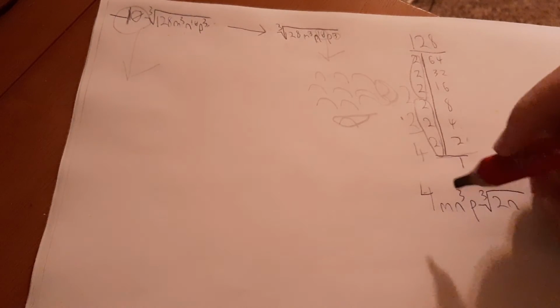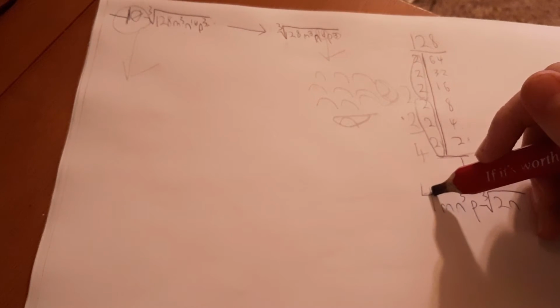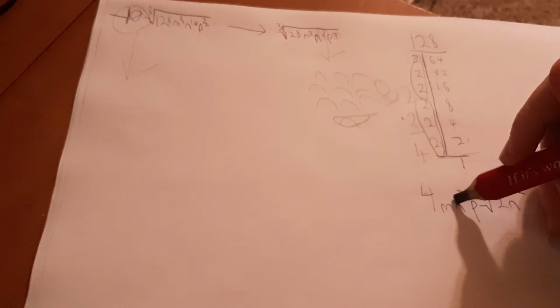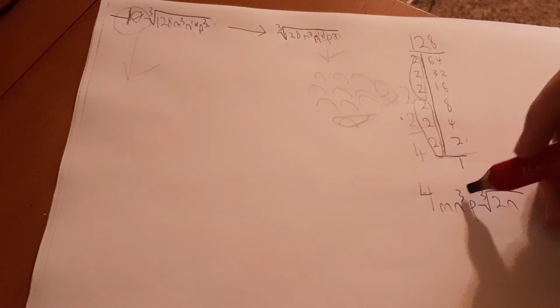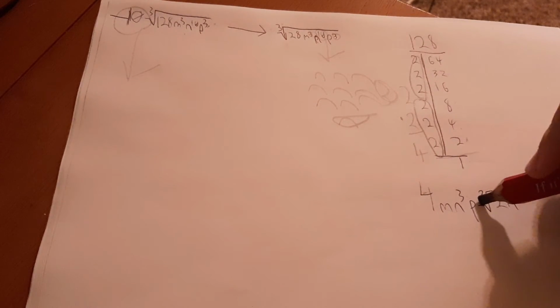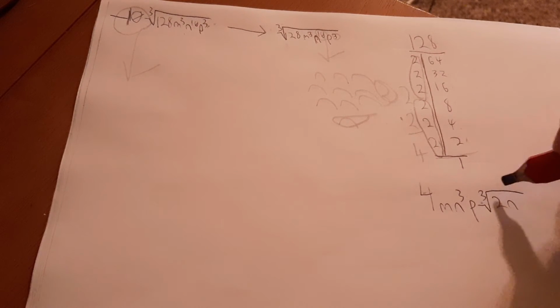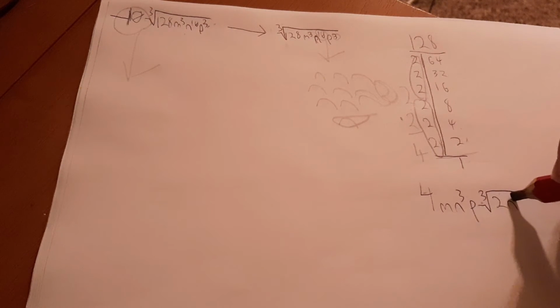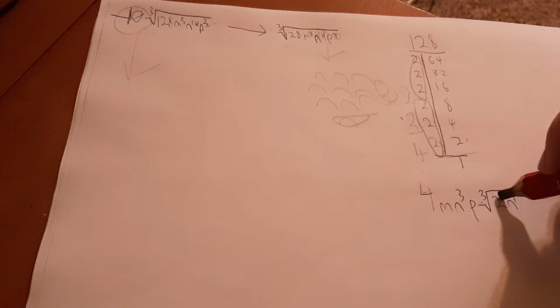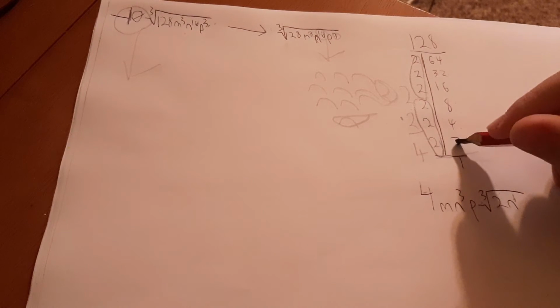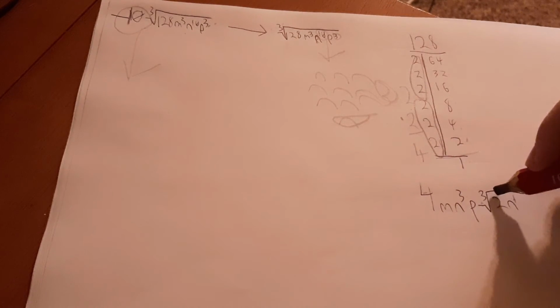Alright. So now we have our 4 outside of the radical, our m outside, 3 n's, and a p. Inside, we still have the 2 and the n, because this n is a very naughty boy, with only 1 instead of 3. And this 2 is the lowest we can possibly go before we get to 1.